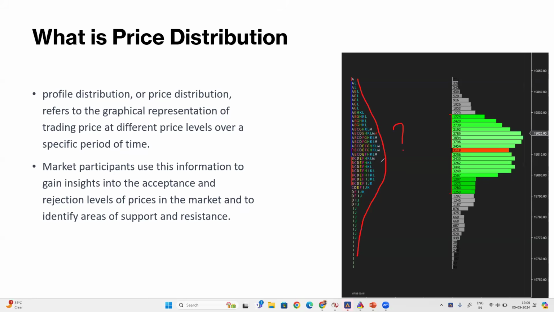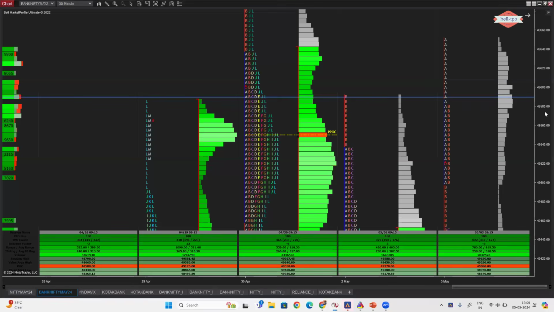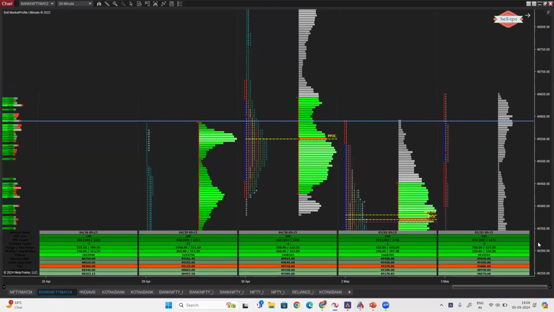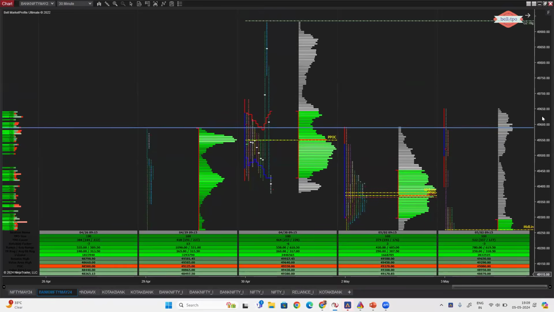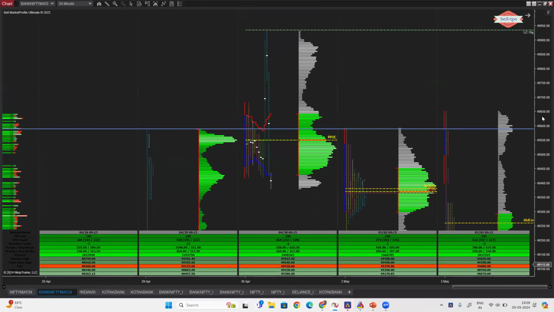For example, if you take the Bank Nifty price action on 30th April, clearly we have something called an excess. The price is forming a pattern called excess.